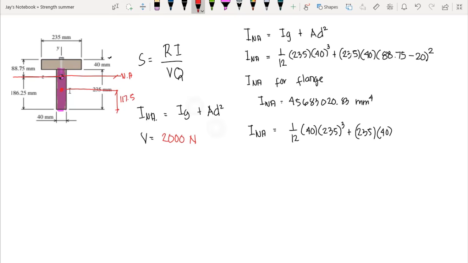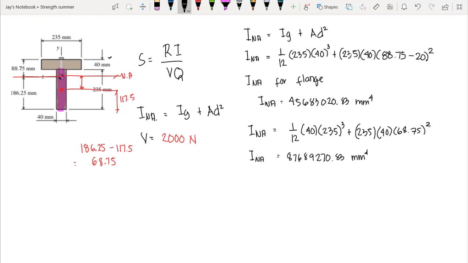So we need to compute this distance, which is 186.25 minus 117.5. This gives us 68.75, squared. So we have the moment of inertia of our web about our neutral axis, which is equal to 876,89270.83 millimeter to the fourth.